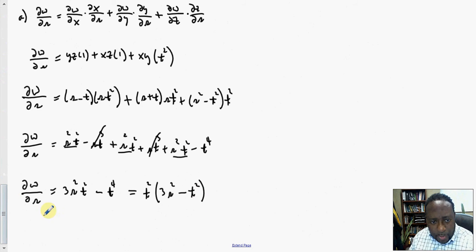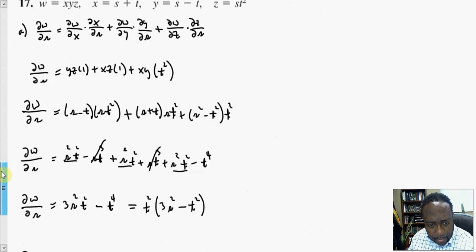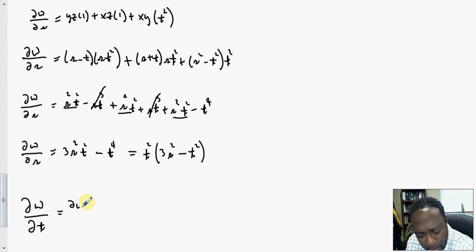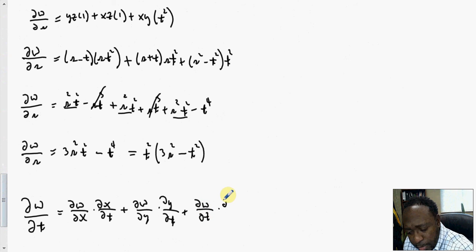Now the second thing they want us to do is to find the partial of w with respect to t. This is the partial of w with respect to x times the partial of x with respect to t plus the partial of w with respect to y times the partial of y with respect to t plus the partial of w with respect to z times the partial of z with respect to t.